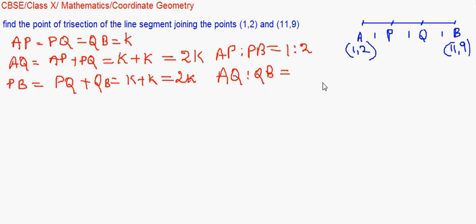So it is 2 is to 1. Now P is dividing AB internally in the ratio 1 is to 2, and Q is dividing AB internally in the ratio 2 is to 1. I'd rather put this up on the board.